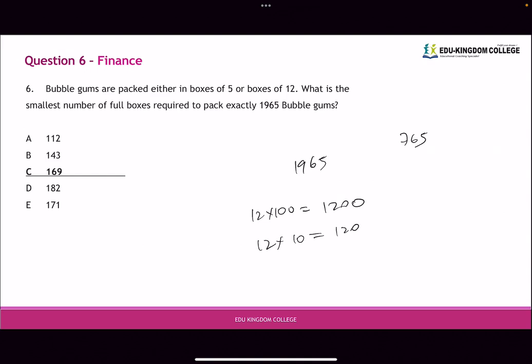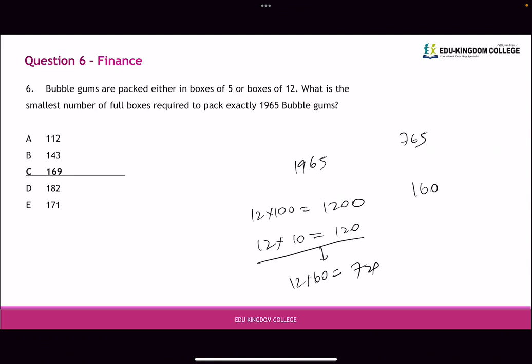Now, how many of those can we do? So we can do 6 of these. Okay, so 12 times 60 equals 720, which means we have 45 left over. If we do 12 times 3, that's 36. That doesn't work.